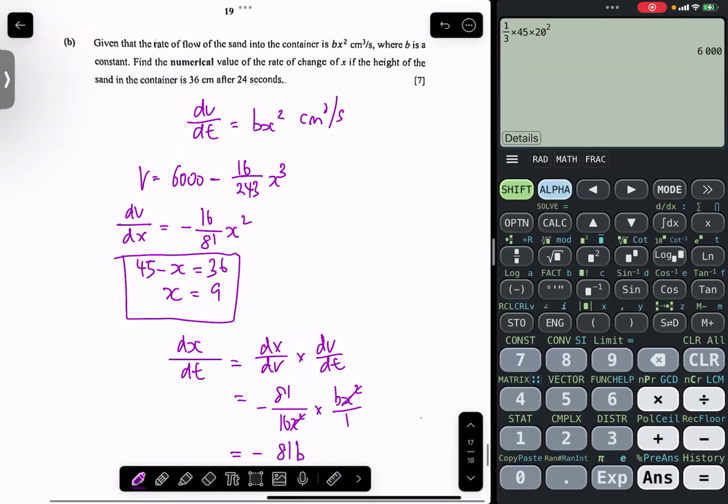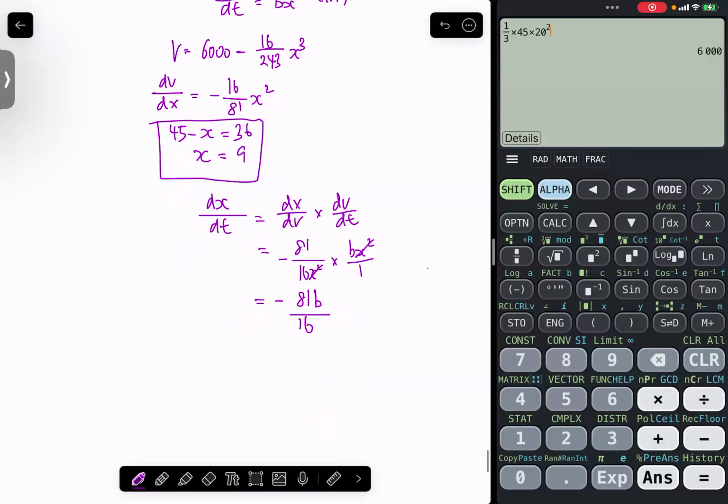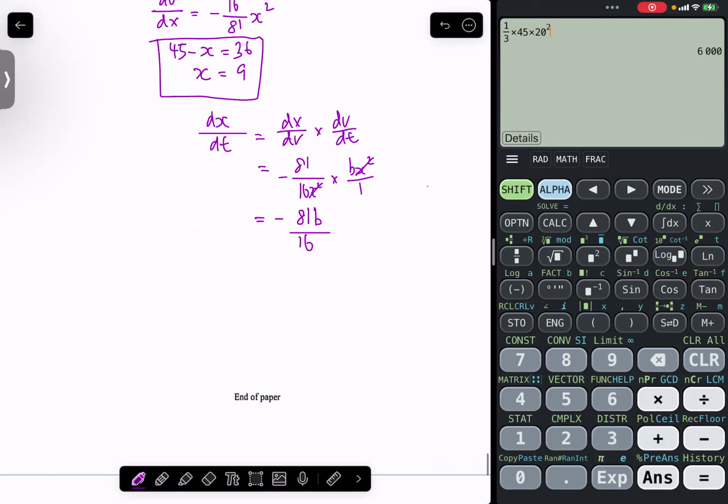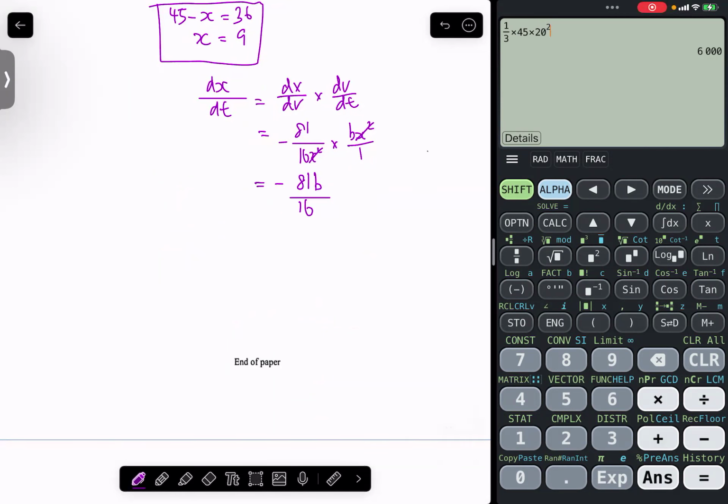Now we need to solve for b. We can integrate dx/dt, which will give me x equals negative 81b over 16 t plus c.